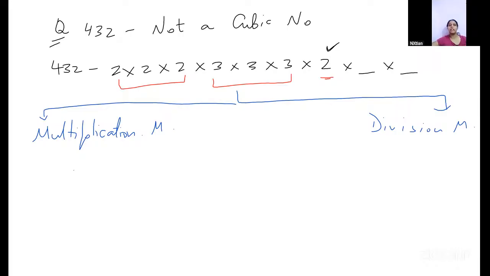So that is what I am going to do. I am going to multiply 432 with 2 more 2s, to obtain a number which is going to be a cubic number.